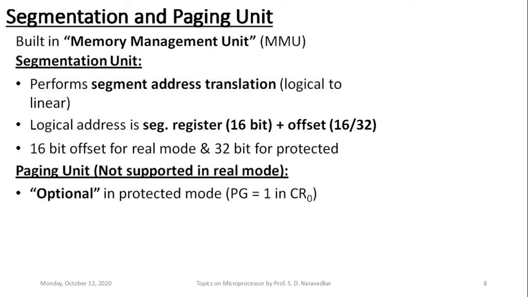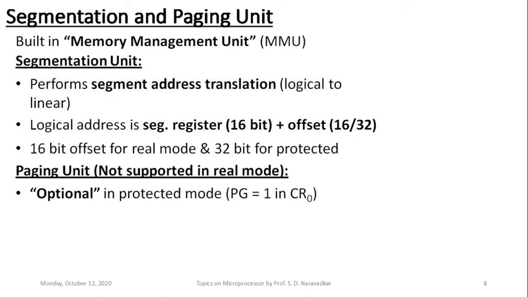In protected mode, the user can enable the paging unit with PG bit equal to 1 in control register 0, CR0. Whereas if that PG bit is kept 0, paging will be disabled even in protected mode.